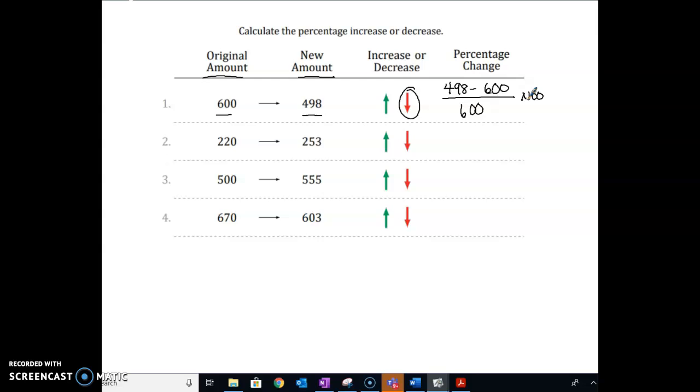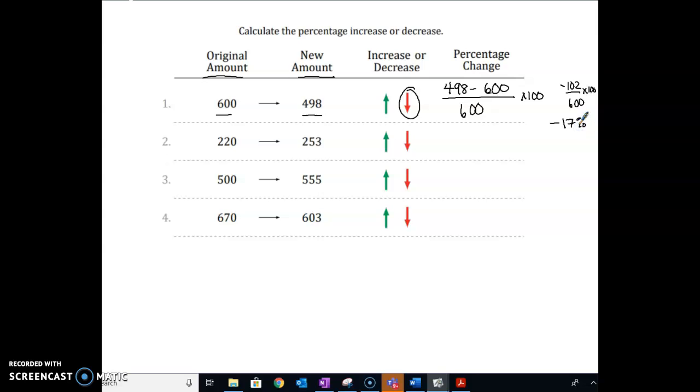So when you subtract 498 minus 600, and you can do this on your calculator, you're going to get a negative value of negative 102 divided by 600 and then times that by 100. And you will get that your value change has been down or decreased, negative 17%.